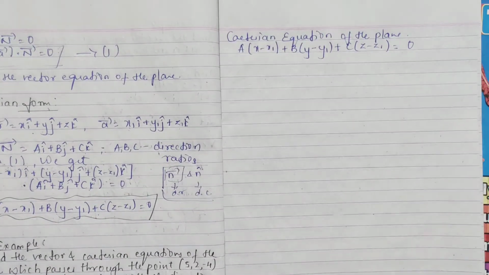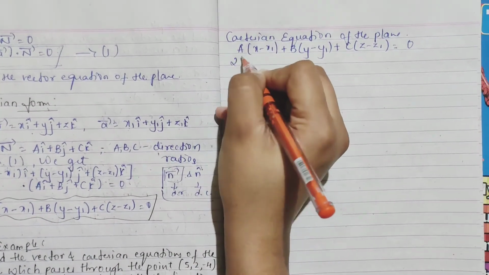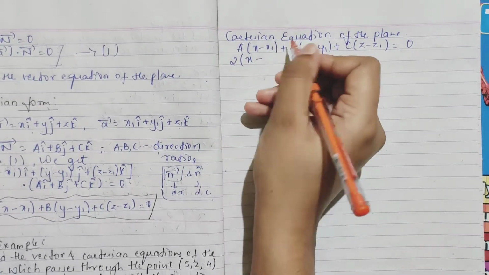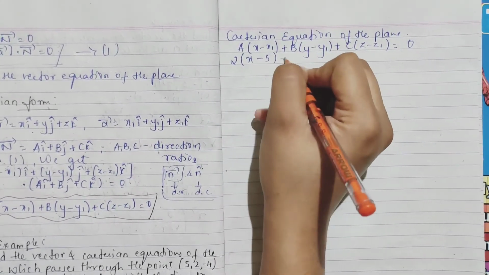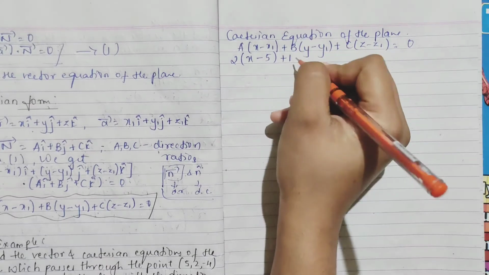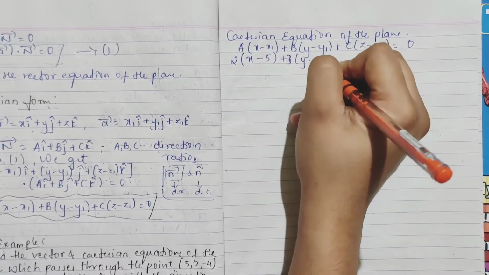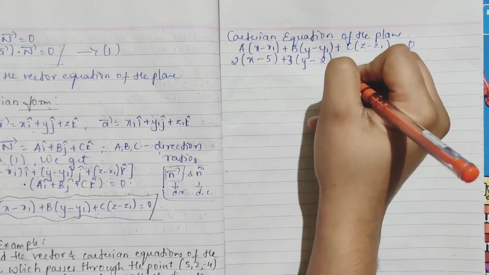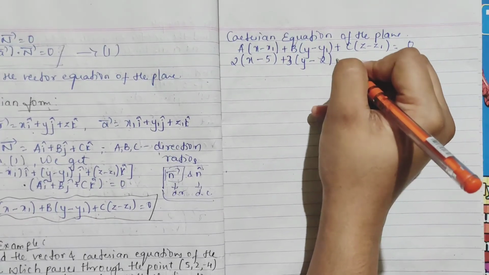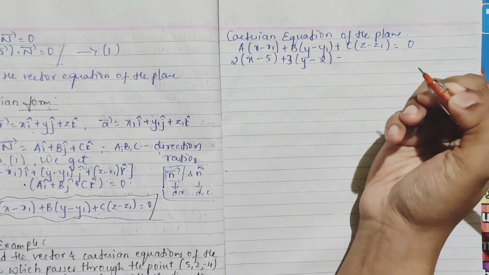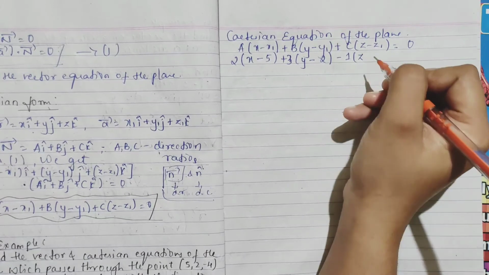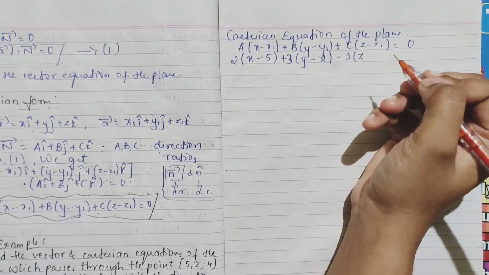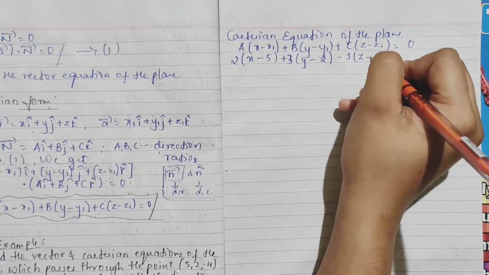A is 2, x minus x1 is x minus 5, right, plus b. What is your b? b is 3, y minus y1 is y minus 2, and your c is minus 1, z, and z1 we have minus 4, so that becomes plus 4.